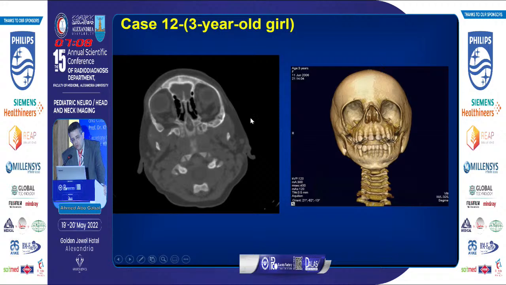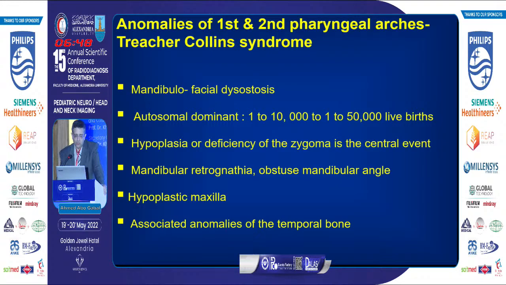There is no zygoma or zygomatic arch and a small hypoplastic mid-face, and as we see, an obtuse mandibular angle. Here, the lateral wall of the orbit is entirely formed by the sphenoid bone only, no zygoma. This is what we call Treacher Collins syndrome.